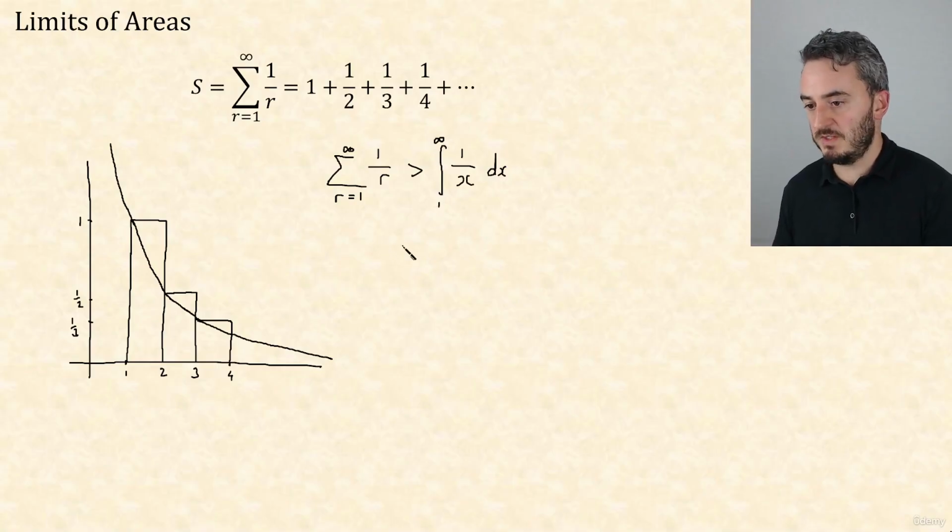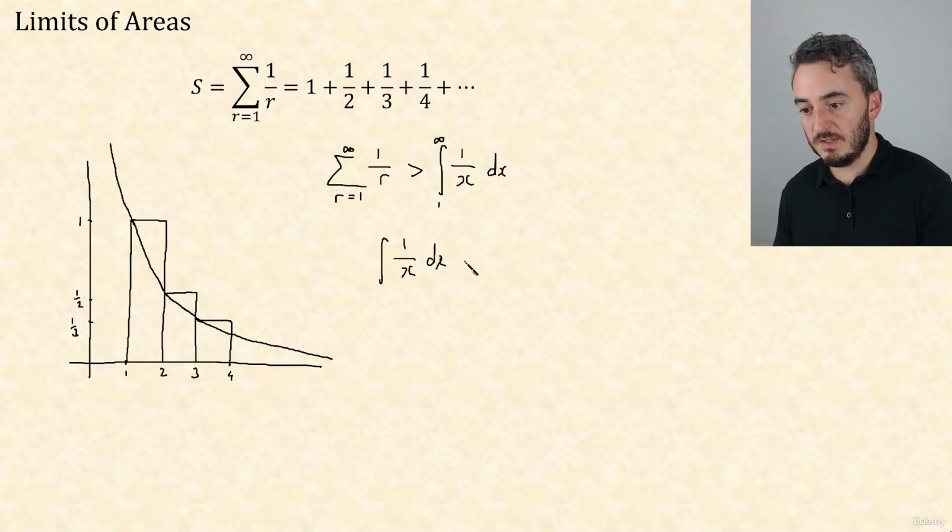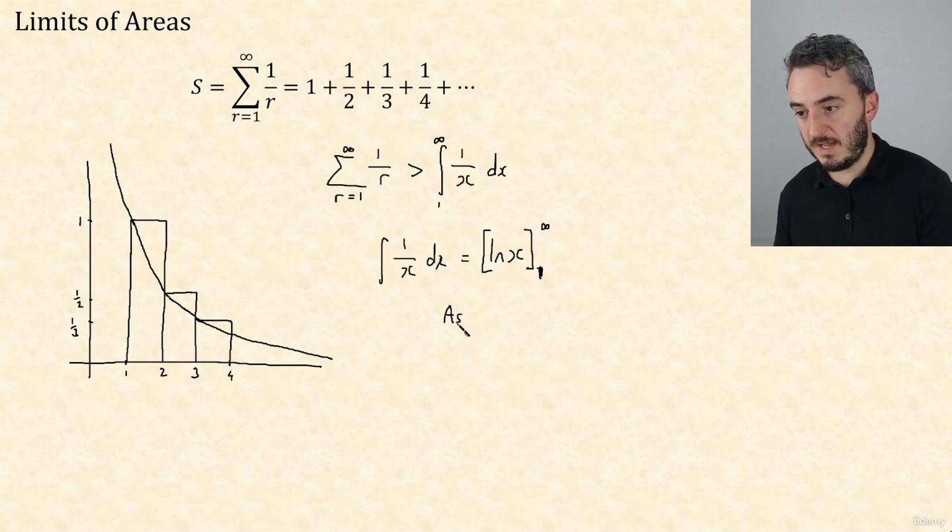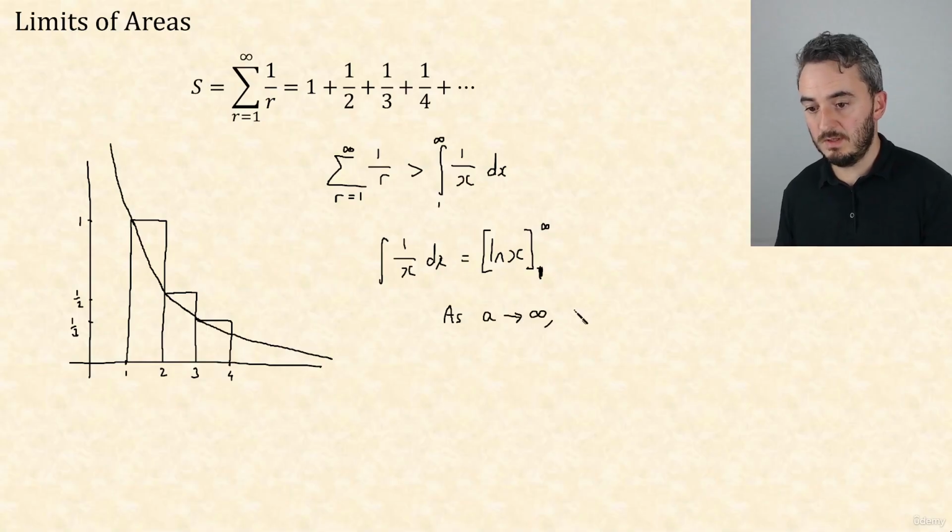So what can we do with this? Well, the integral of 1 over x is ln x. And ln x between 1 and infinity is divergent. So we can say that as a tends to infinity, ln a also tends, very slowly, but it gets there, to infinity.